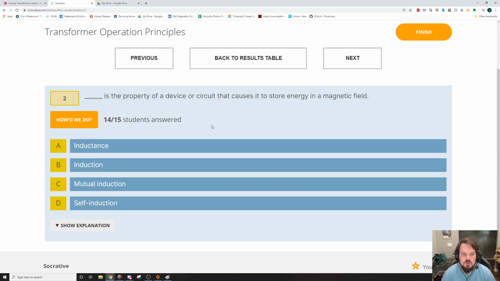Blank is the property of a device or circuit that causes it to store energy in a magnetic field. That is inductance. I might have to go back over some of this because it is AC theory stuff, and I moved AC theory back after Transformers. But we will see.